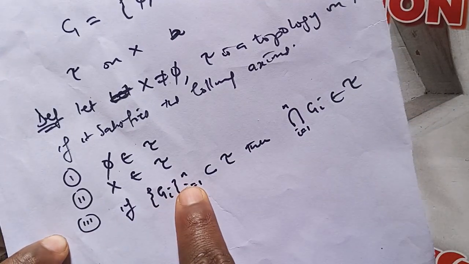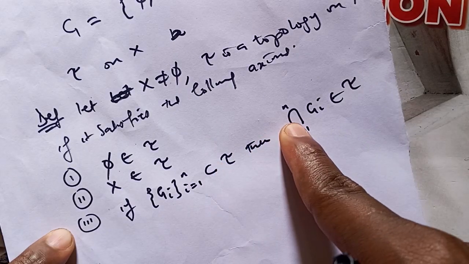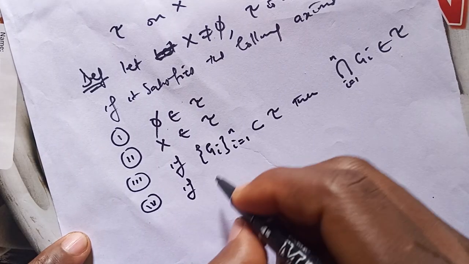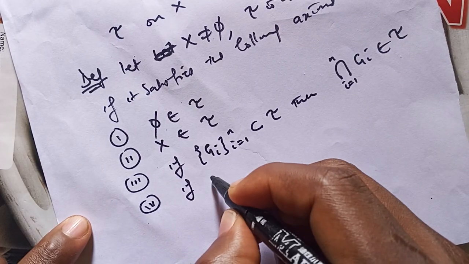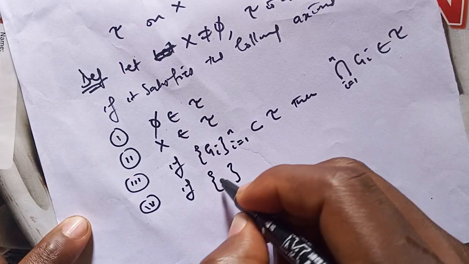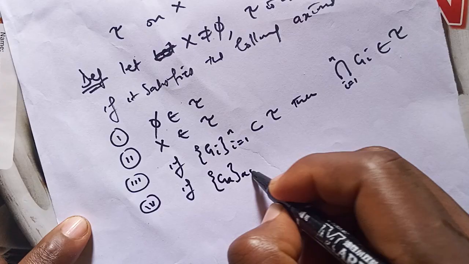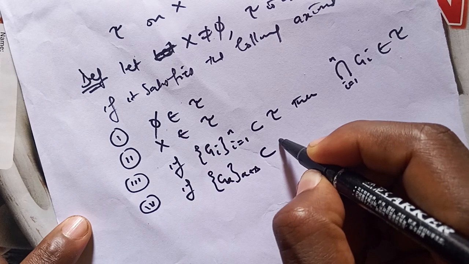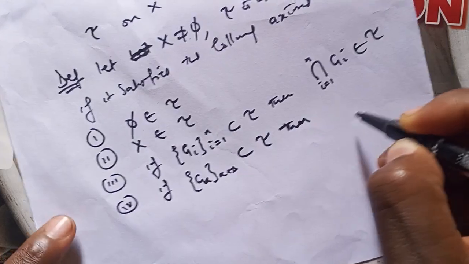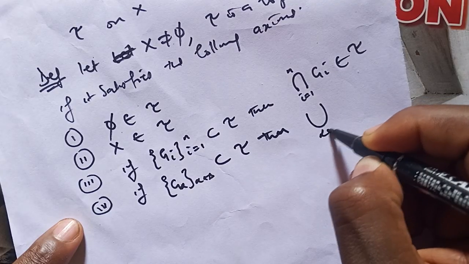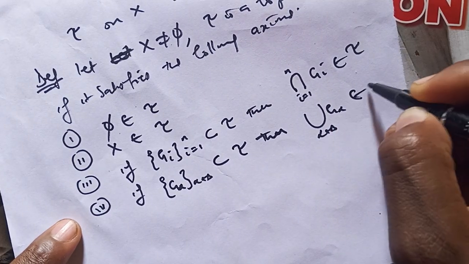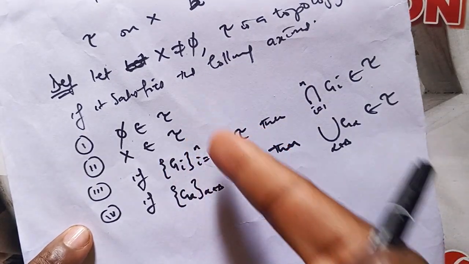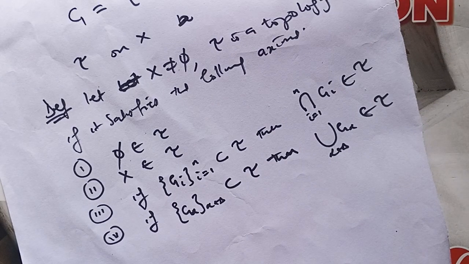And lastly, if the arbitrary sets or sequence, it could be a set, it could be a sequence, if this arbitrary sequence is a subset of tau, then the arbitrary union is in tau. Once it satisfies these four conditions, then we can say it's a topology on the set X.